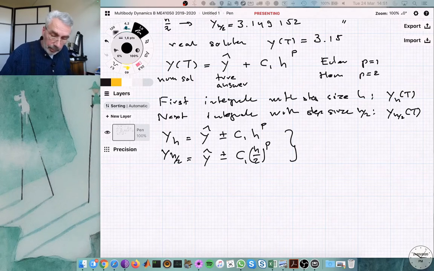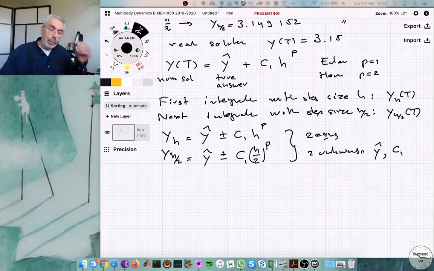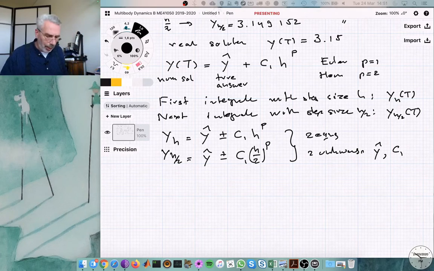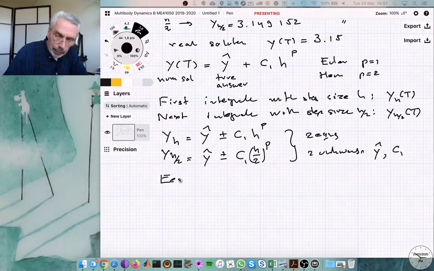Now I have here two equations and two unknowns. The unknowns are the true solution and this C1. I don't know what that is, and I don't know how it behaves. And of course, both have a certain uncertainty due to the plus or minus. That's a bit of a strange calculation, but I can still make an estimate of the global error. So the estimate of the global error E goes like this.